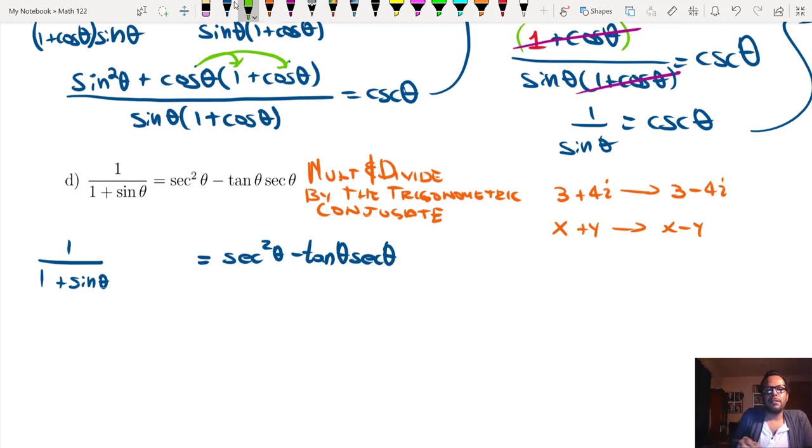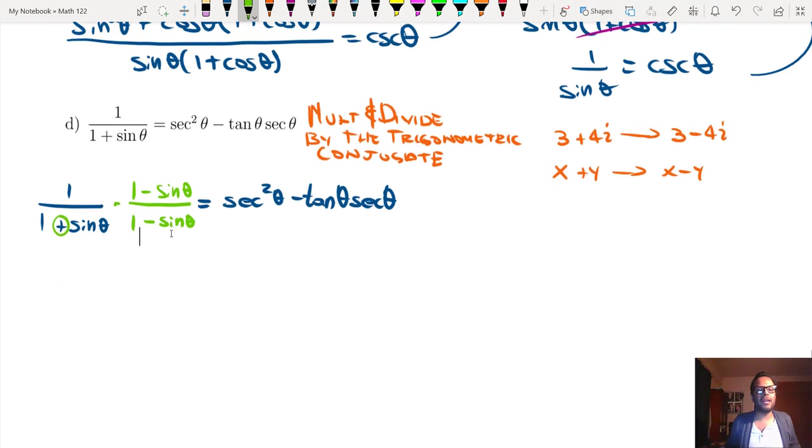So the trick is to multiply and divide by the trigonometric conjugate. If we have 1 plus sine theta, we are going to multiply by the conjugate. The conjugate of 1 plus sine theta is 1 minus sine theta.